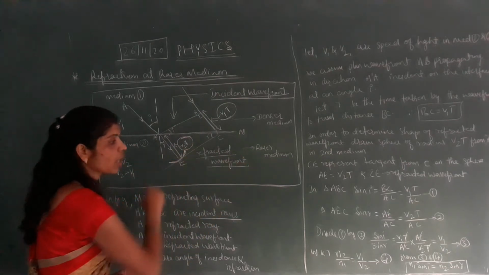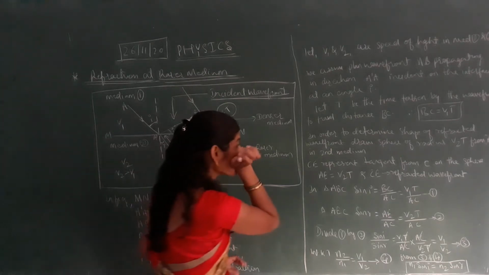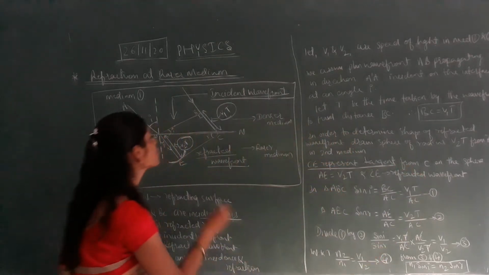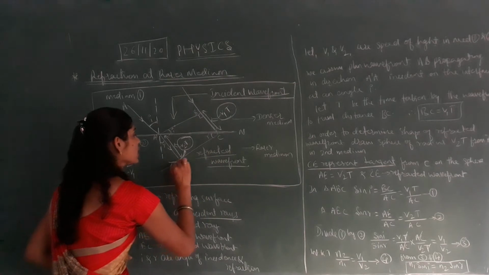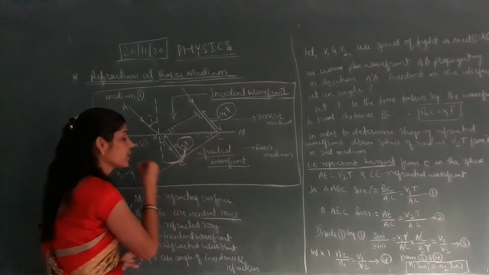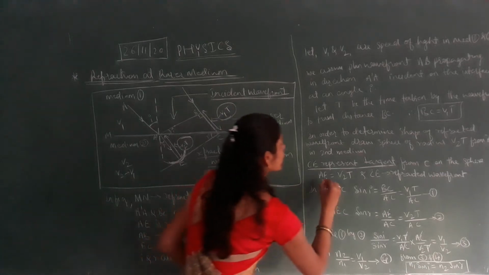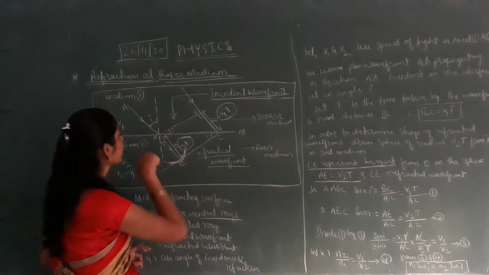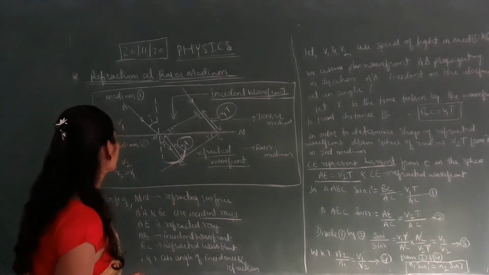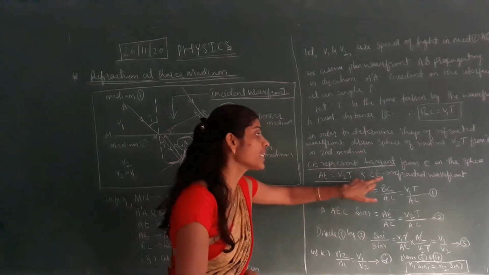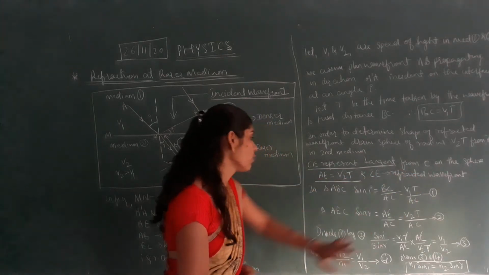CE represents the tangent from C to the sphere. Therefore AE is equal to V2 into T, and CE represents the refracted wavefront.